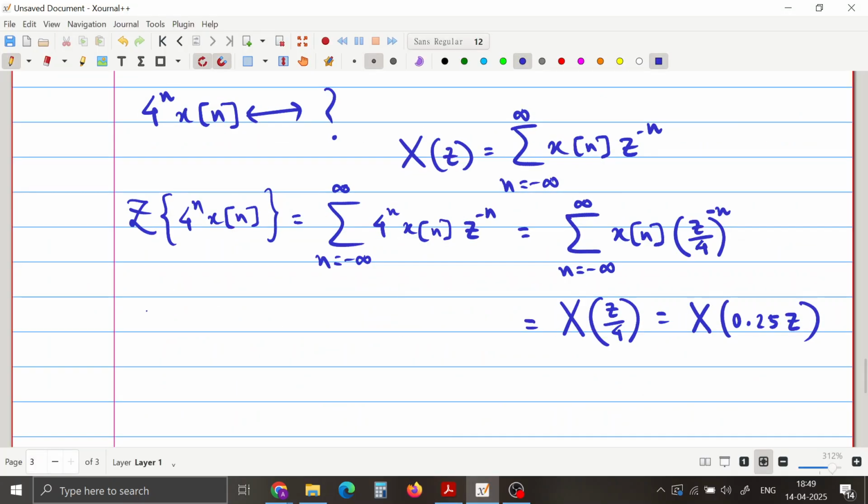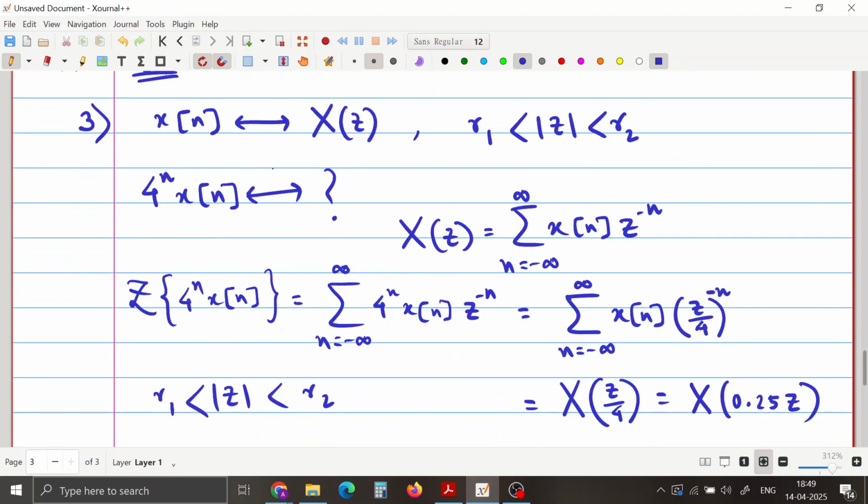And let us complete this with respect to ROC as well. So we knew that mod z is lying between R1 and R2 for my original X of z.